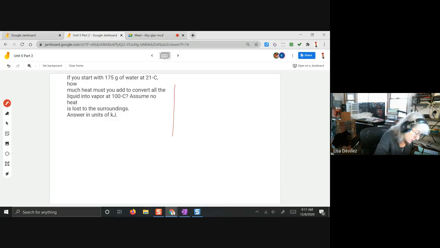Okay, so here we're at water. All right, so I'm at water at 21. So I'm somewhere around there, and converting it into liquid vapor. So that means I'm going to here, that's at 100 degrees.